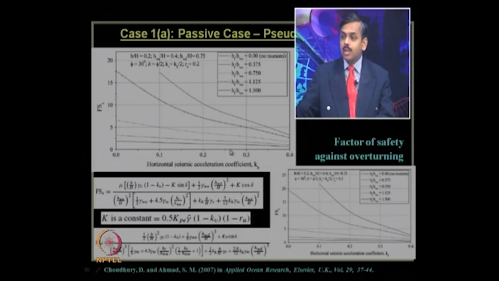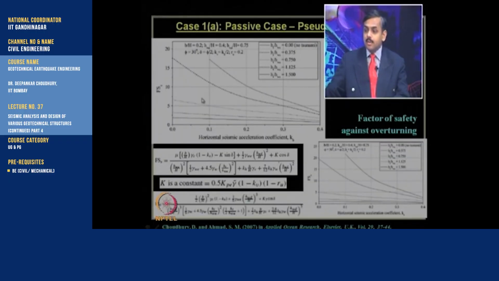Now, in addition to that, you can see as the tsunami wave height increases, the factor of safety is decreasing also drastically. Can you see that? So, this is for 1.5, next one is 1.125, this is for 0.75, like that. So, as the tsunami wave height is increasing, factor of safety for a given earthquake excitation is also decreasing.